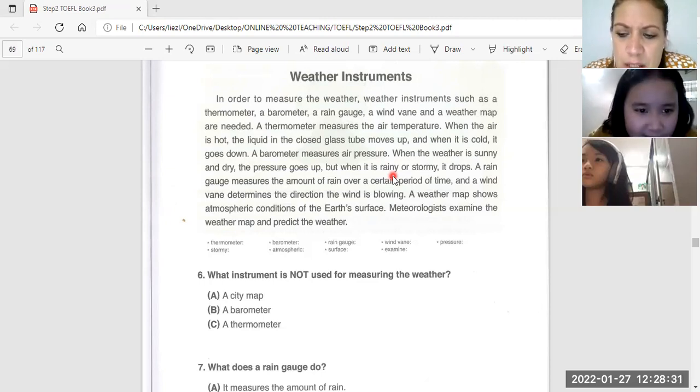A rain gauge measures the amount of rain over a certain period.